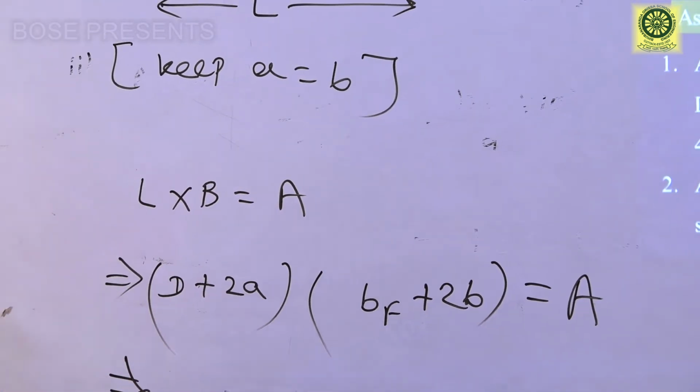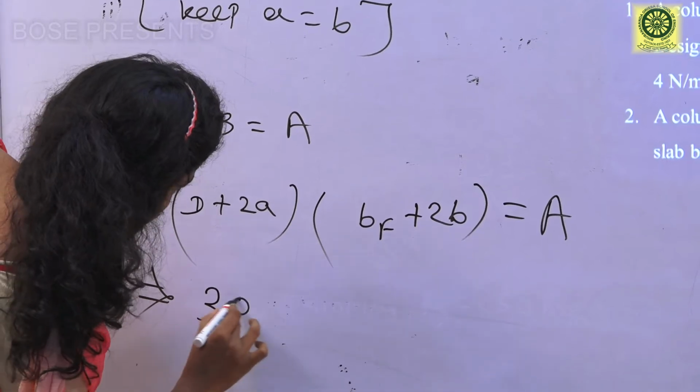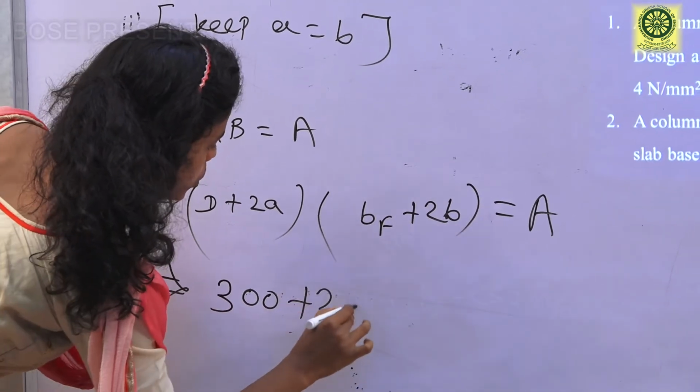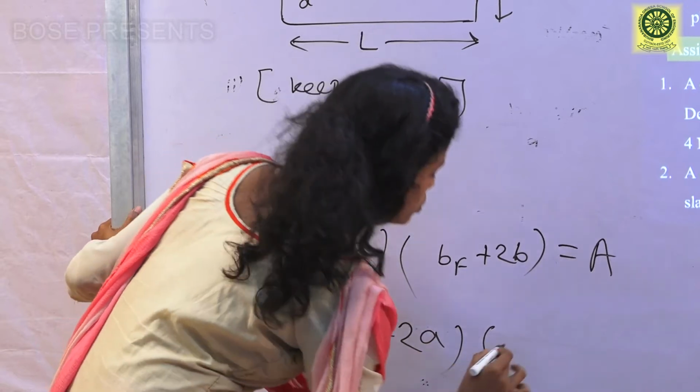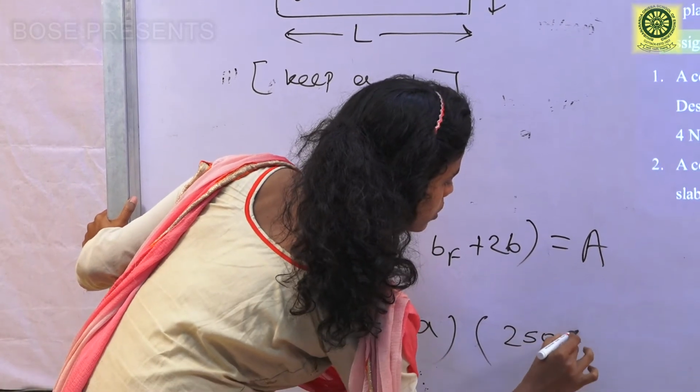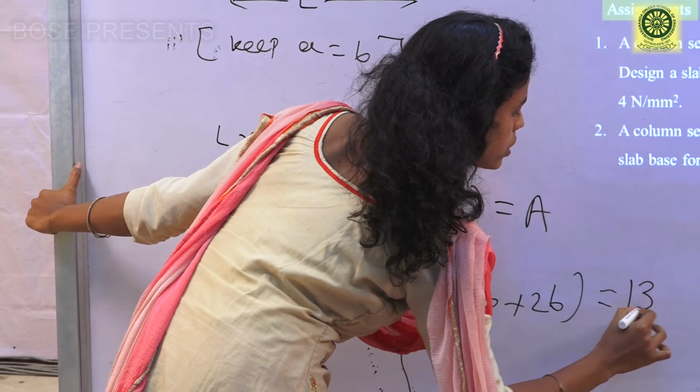So the depth of the section in given data is 300 mm, plus 2 times A, into bf, which is 250 mm, plus 2 times B. Area is 1, 3, 3, 3.